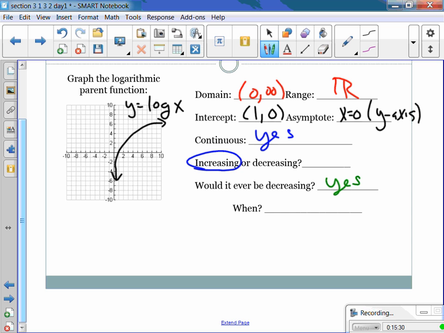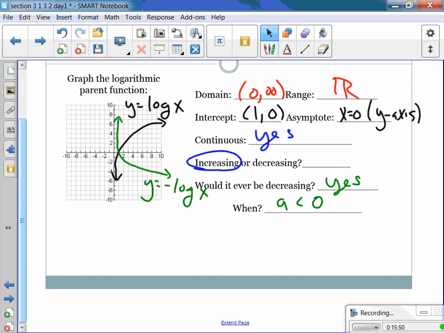So I said when I have a negative log, when my a is negative, whatever that value is, negative 1, negative 2.